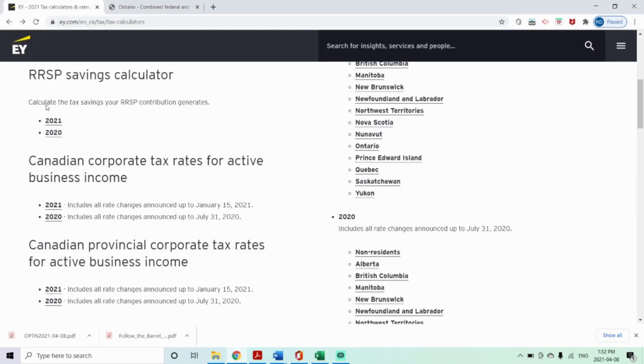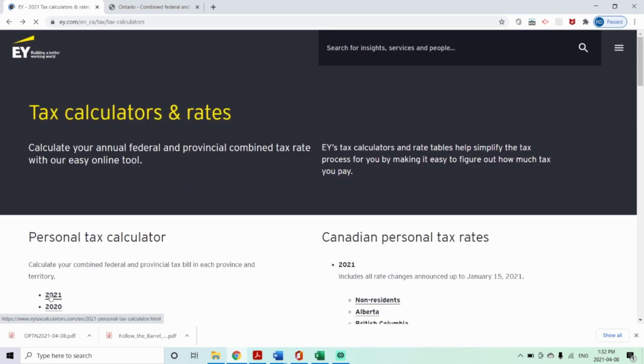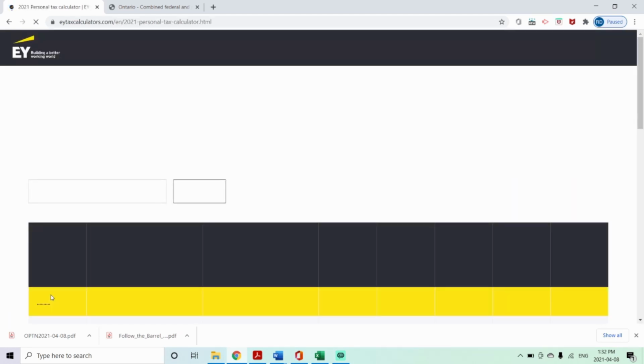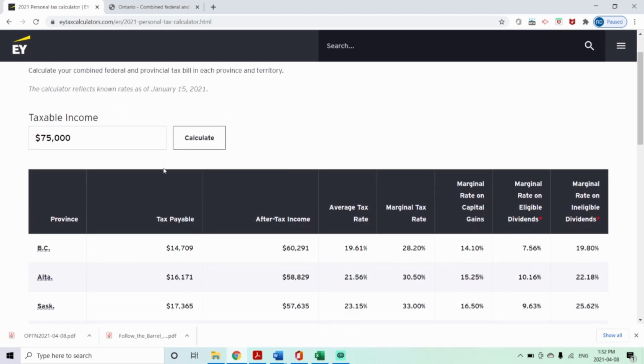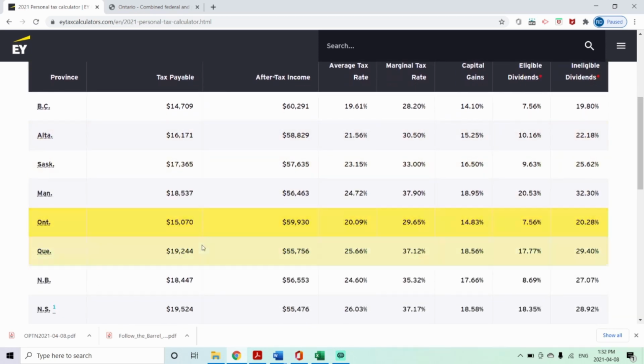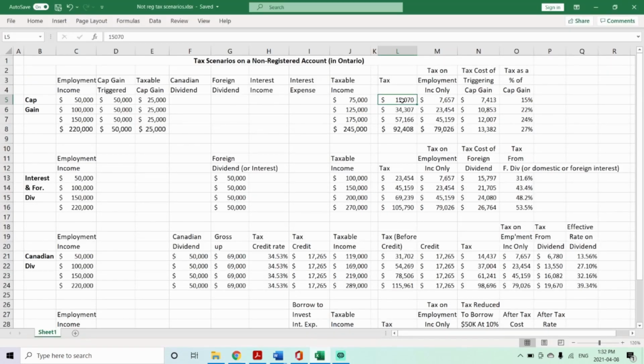I went to the tax calculator. Okay, $75,000 taxable income, hit calculate. In Ontario, you owe $15,070 of tax. That's how I got that number. Okay, tax on employment is $7,657.